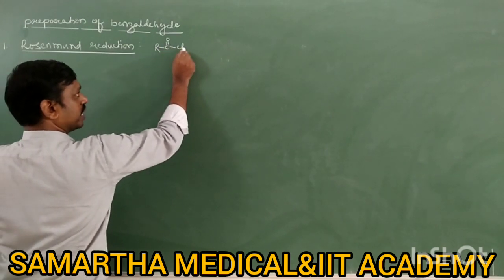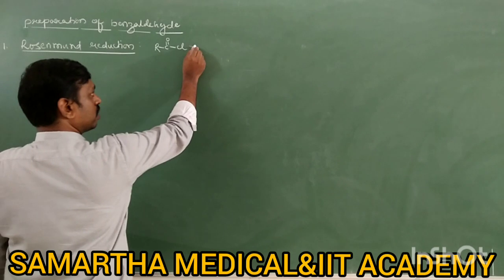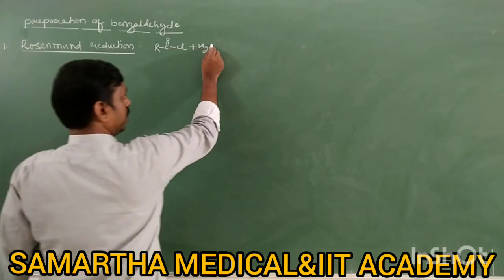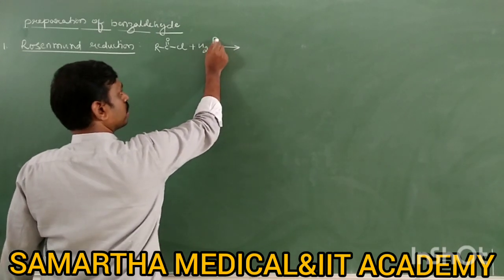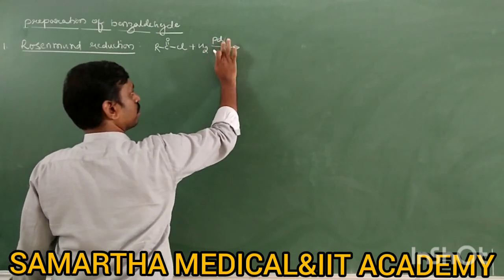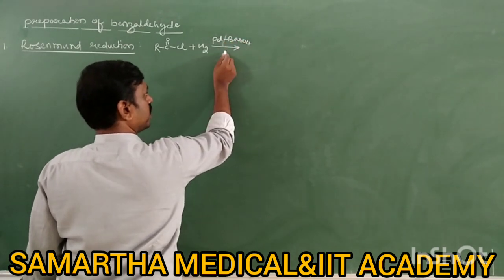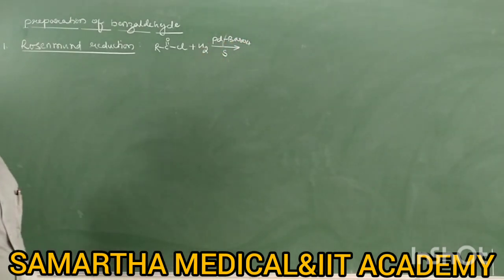The acid chloride reacts with hydrogen in the presence of palladium barium sulfate, a catalyst, and sulfur.